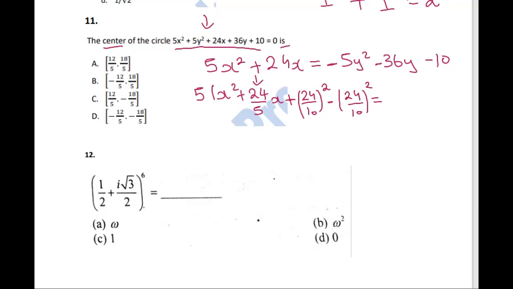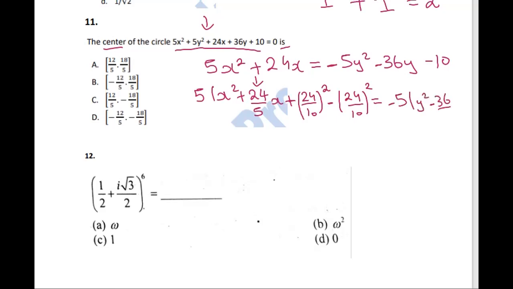Square equals, now I'll take minus 5 common. So I'll get y square plus 36 by 5 y plus 2.